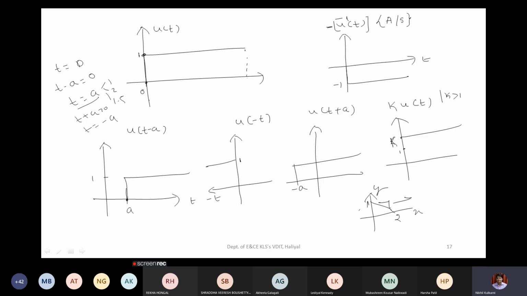Slope will be how much? y2 minus y1, or we can take directly y by x, 1 by 2. So 1 by 2. So just think on the slope also. If you have gone through the slope equations on the signals, just refer to it.